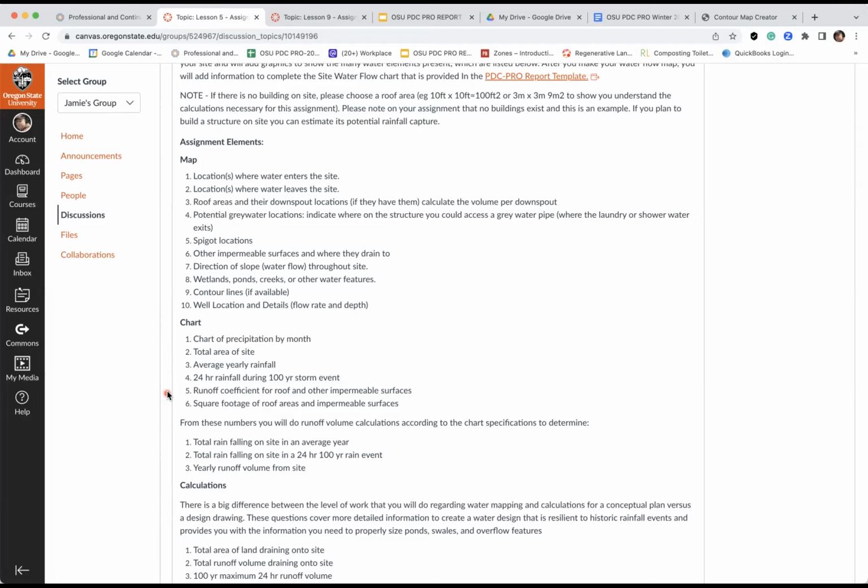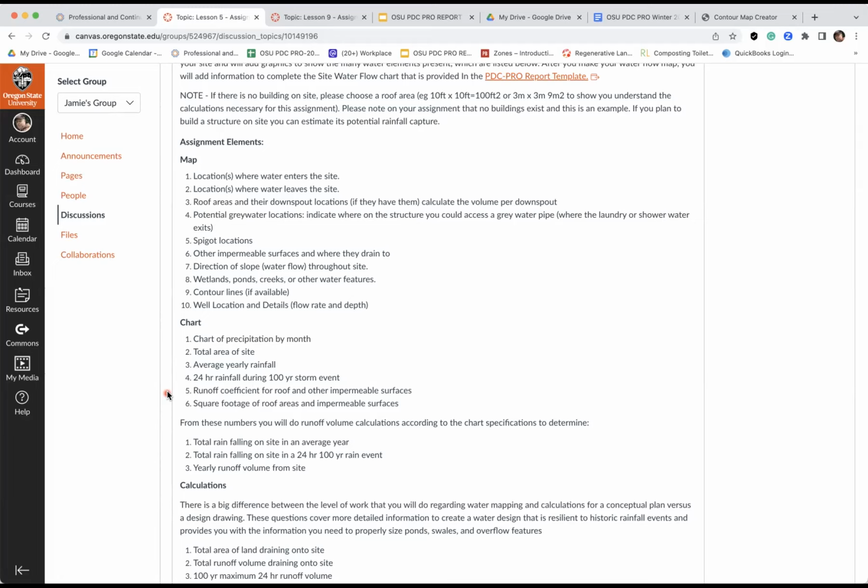Asphalt shingle roofs typically get a 0.8 or 0.85 coefficient factor. So you lose 15 to 20% of your total rainfall, through absorption, splash and other factors.